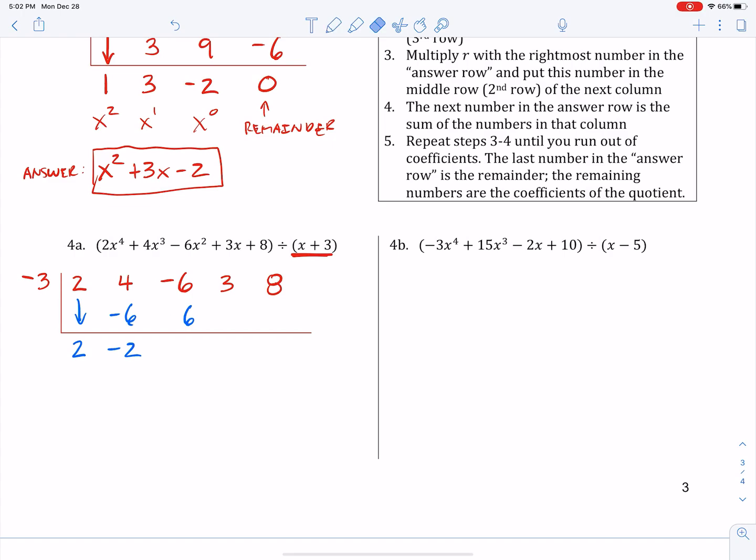Negative times a negative is a positive. -6 plus 6 is 0. 0 times -3 is 0. 3 plus 0 is 3. 3 times -3 is -9. 8 plus -9 is -1.